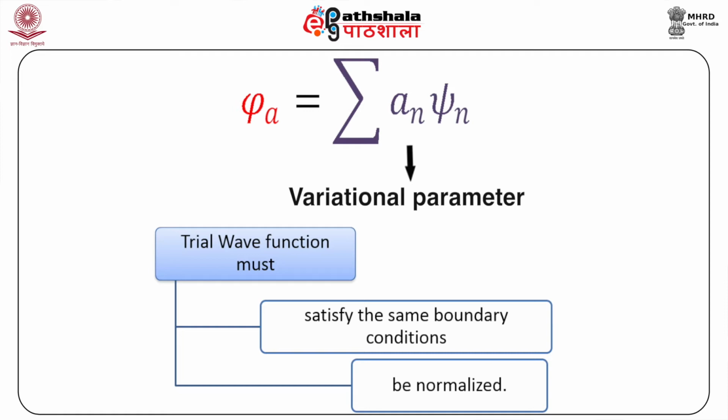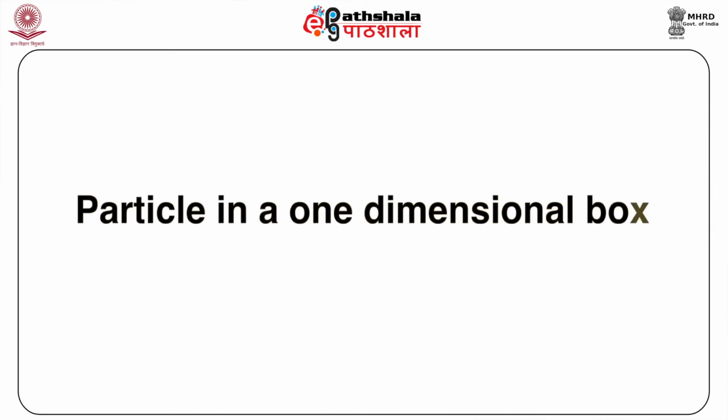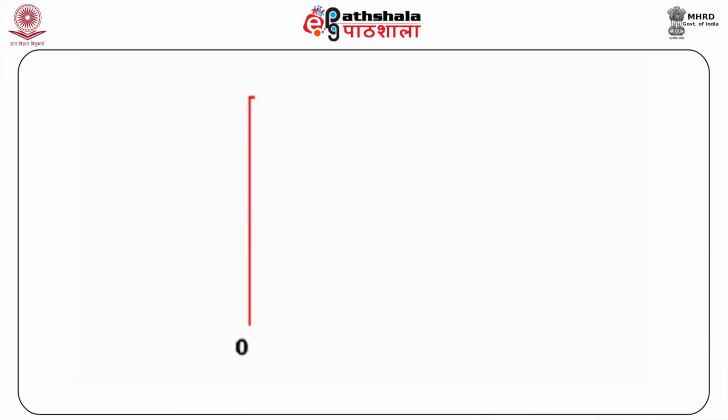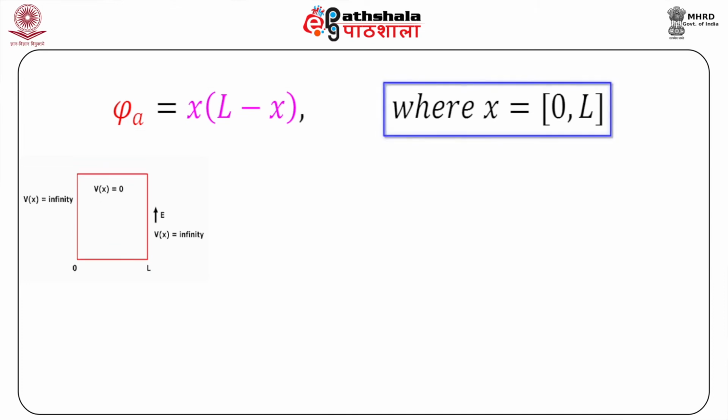Moving further, we now study the simplest application of the variation method, that is, let us try to solve the case of a particle in a one-dimensional box using the variation method. Consider a trial function for the given problem as given in equation 3, that is psi_A is equal to x into (L minus x), where the lower and upper bounds for x are 0 to L, that is the length of the box.